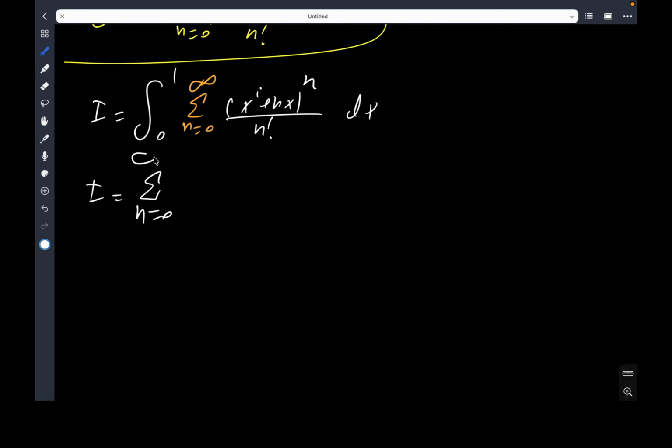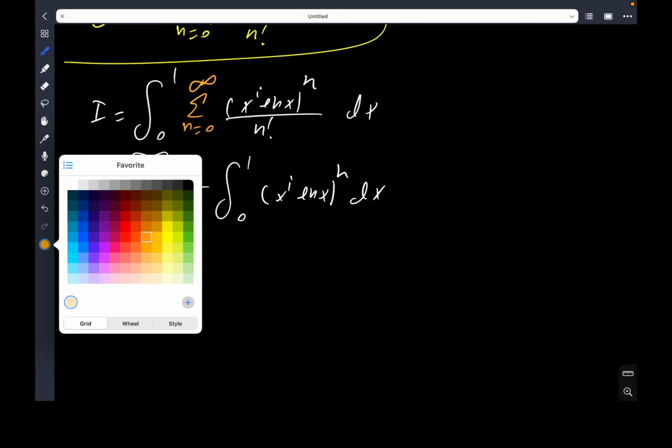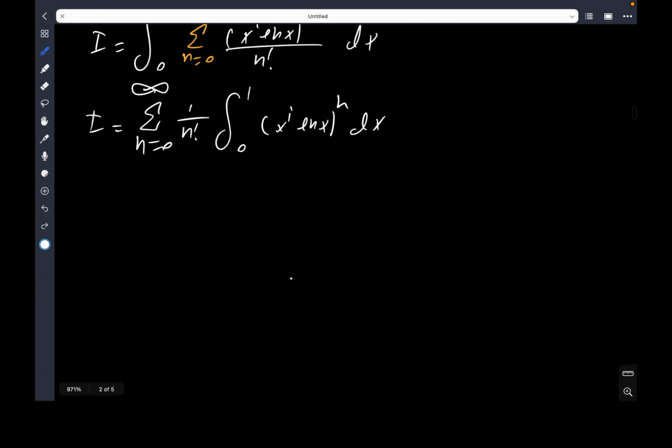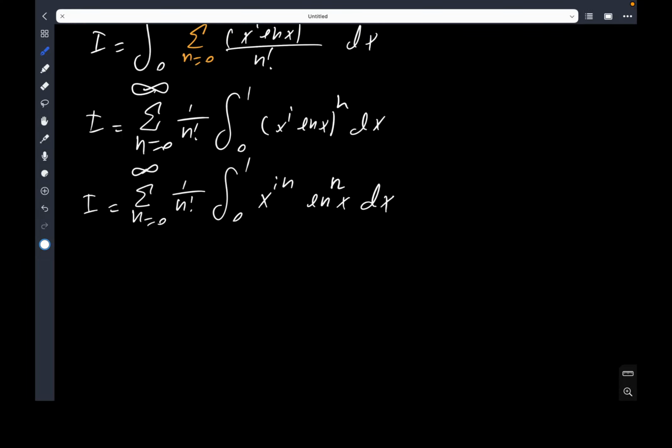So the sum from n equals 0 to infinity of 1 over n factorial, the integral from 0 to 1 of x ln x to the n dx. I can distribute this n to every one of these terms here, and I is going to be the infinite sum from 0 to infinity of 1 over n factorial, the integral of x to the n ln to the n x dx.